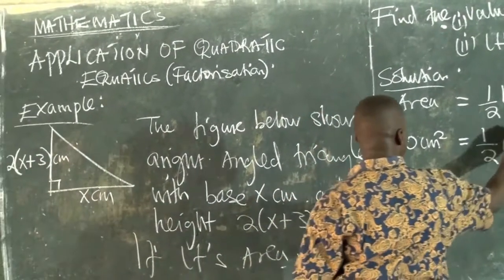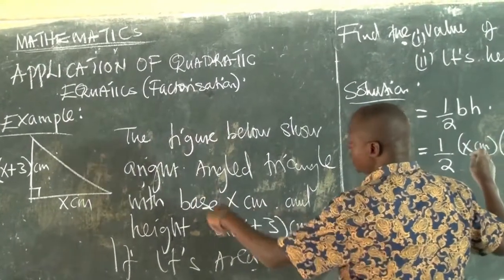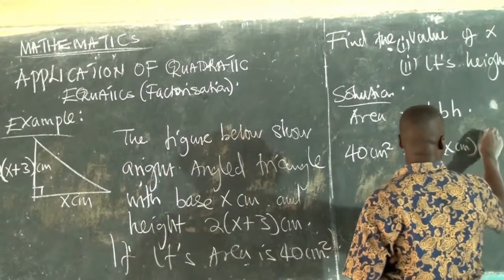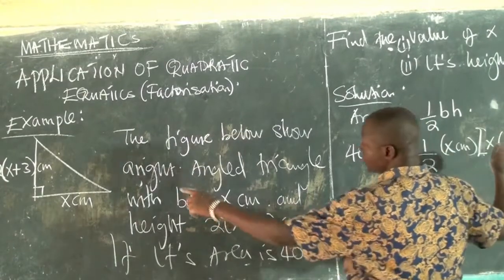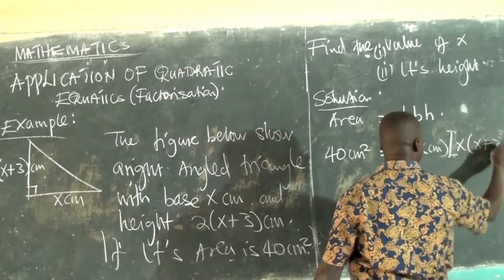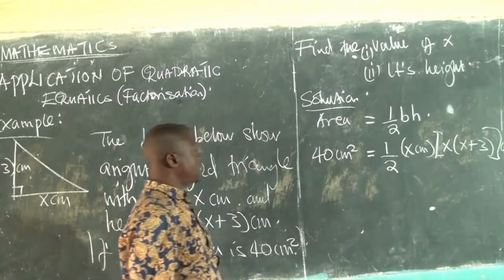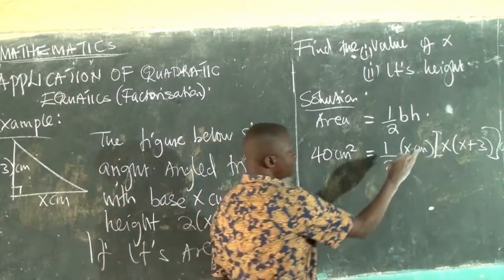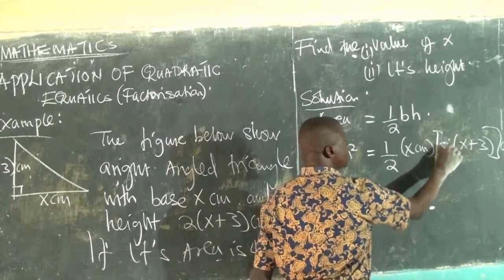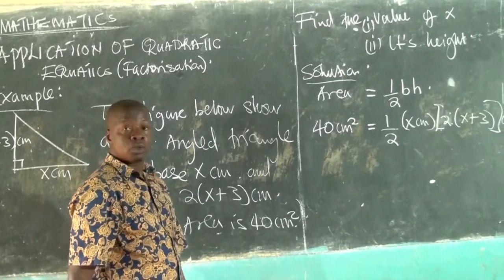Our base is x centimeters. And the height is x into x plus 3 centimeters. So for this case, this is supposed to be 2. For this case, we can reduce.